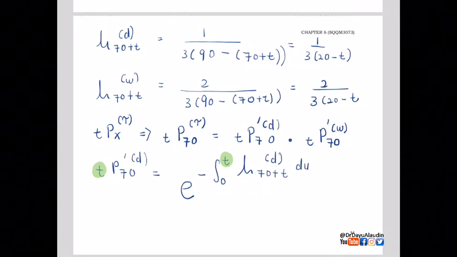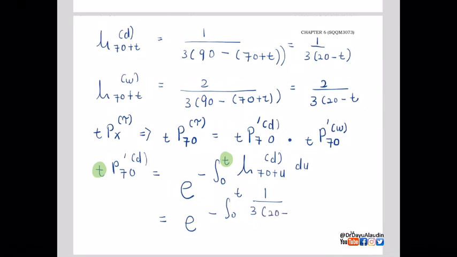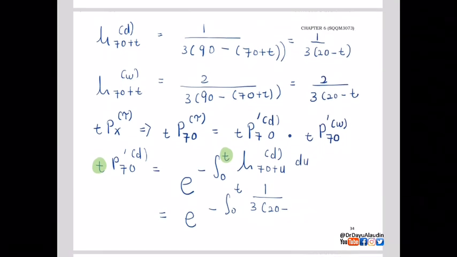Sorry, we use u here. So we solve for this one. We substitute. This is 1 over 320 minus, since we use u, so we put u here instead of t, du.